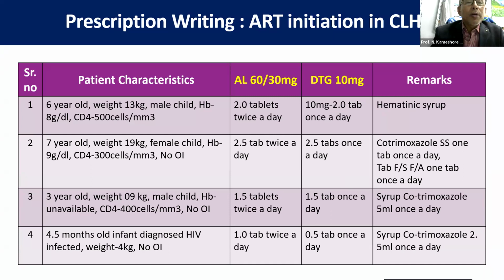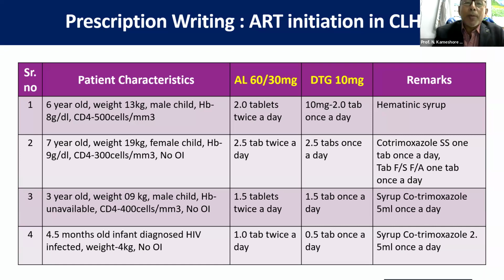So in a child of 6 years, weighing 13 kg, male child, hemoglobin 8 gram per deciliter with CD4 count of 500 cells per cubic millimeter, as the weight is below 20, we will give abacavir lamivudine 60 by 30 milligram, 2 tablets twice daily.